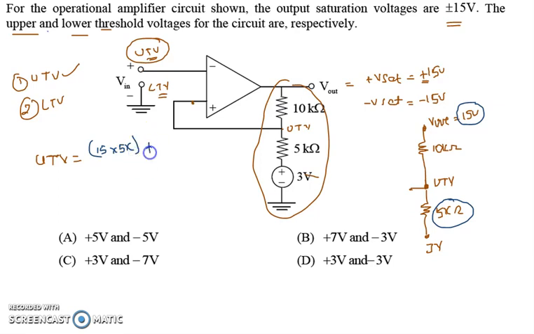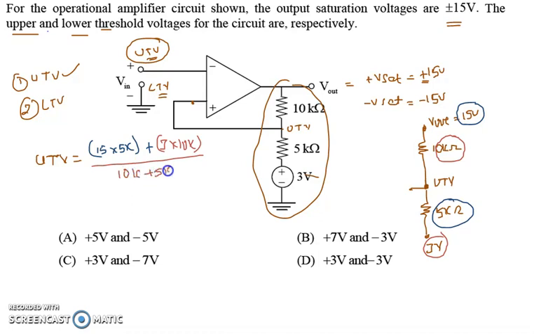Plus this 3 into 10 kilo ohms, divided by the total series resistance. What is the total series resistance here? 10 kilo ohms plus 5 kilo ohms.